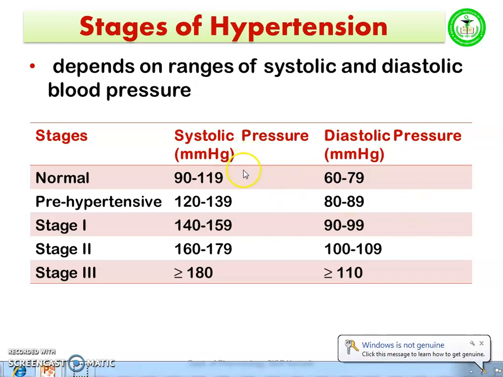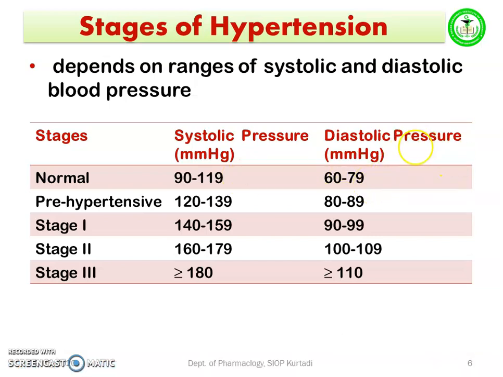If the systolic blood pressure is between 90 to 119 and diastolic blood pressure ranges between 60 to 79, that blood pressure is generally known as normal blood pressure. In a pre-hypertensive stage, the systolic blood pressure ranges between 120 to 139 and diastolic remains between 80 to 89 mmHg.